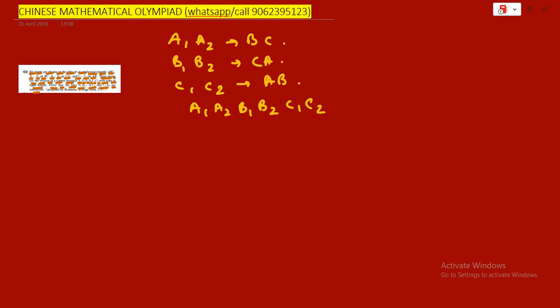Now students, whenever you see an equilateral triangle and equal lengths and symmetry, then rotation is coming. In an equilateral triangle, a 120-degree rotation about the center maps A to B, B to C and C to A. Now imagine rotating the whole figure by 120 degrees.